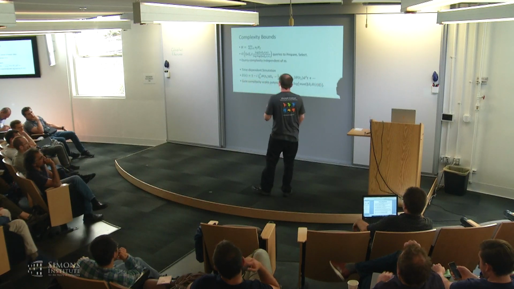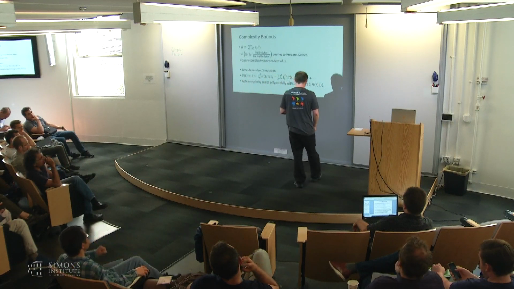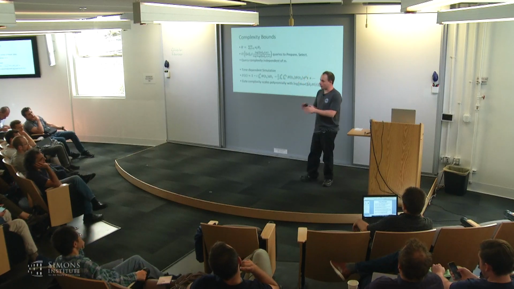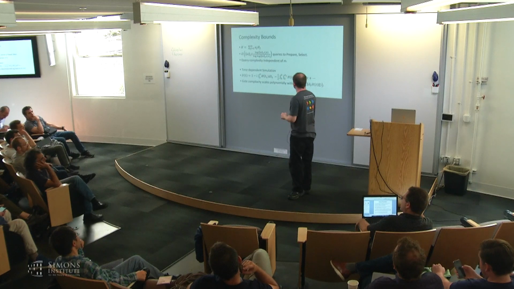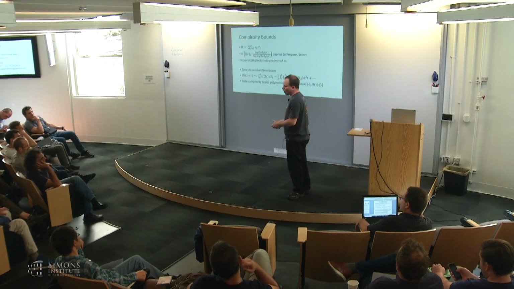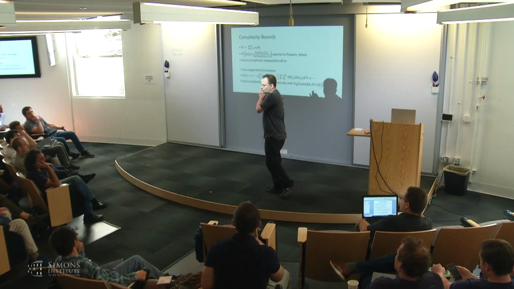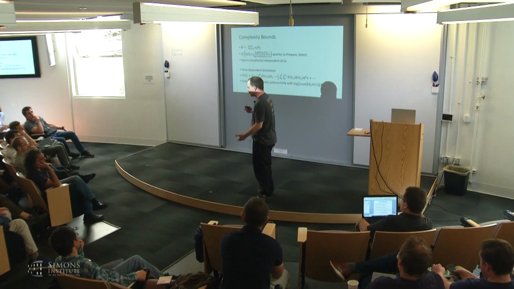Okay, so the complexity of the prepare and select depends very strongly on the particular case that you're looking at. In general, the cost of doing the prepare, because there are m coefficients you've got to put in, obviously if there's no structure whatsoever to those, the complexity has to be polynomial in m.